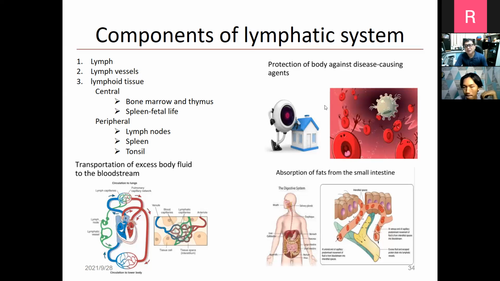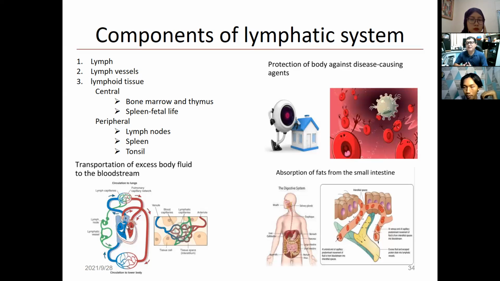Another function is protecting the body against disease-causing agents. You see this structure, a lymph vessel doesn't directly connect with the blood, either artery or vein, but they have functions. If there are harmful toxic substances or tumor cells or pathogens in the blood, eventually they will go to the lymph nodes.